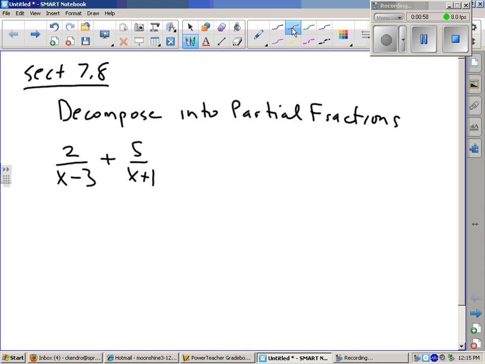Now adding fractions, you need a common denominator. So I'm going to multiply this side by the other one's denominator, x minus 3, and this side by the x plus 1.